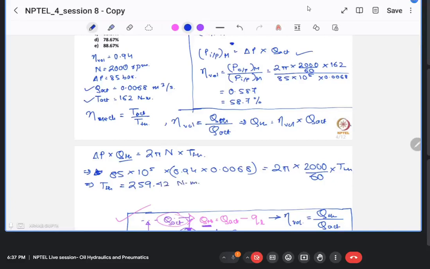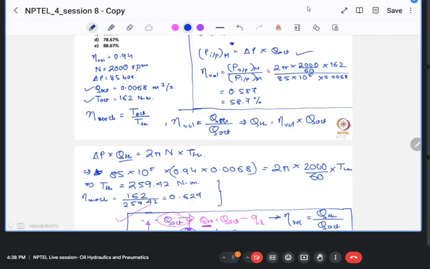So from here you will get your mechanical efficiency as T actual, which is given as 162, divided by 259.42. So I'm getting it around 0.624.